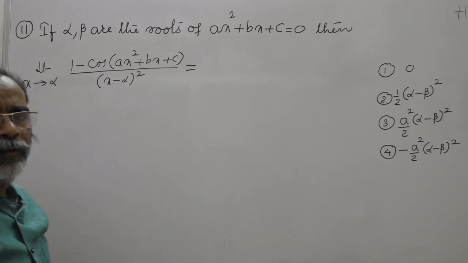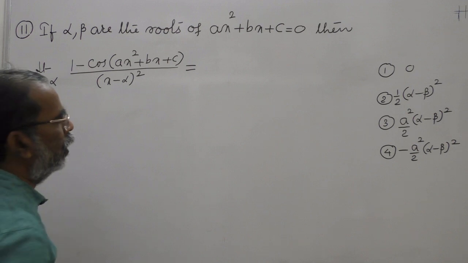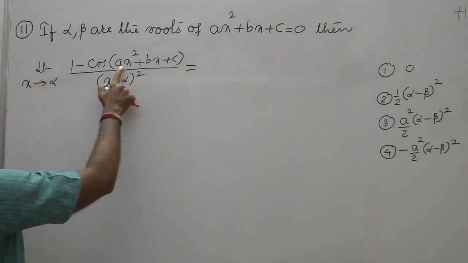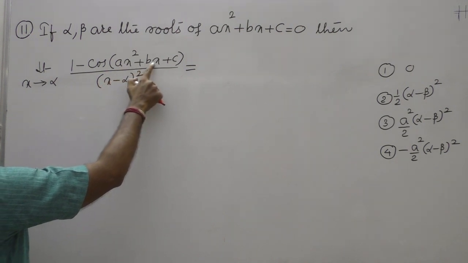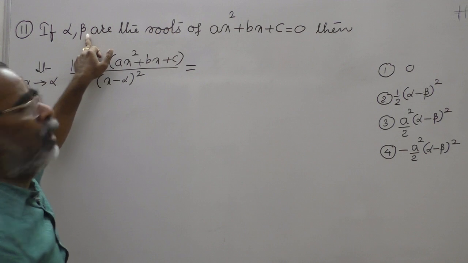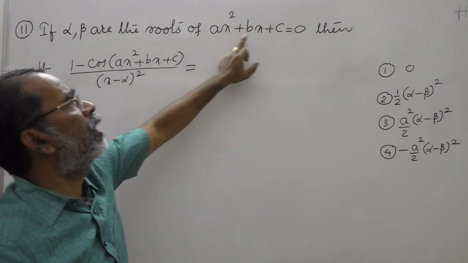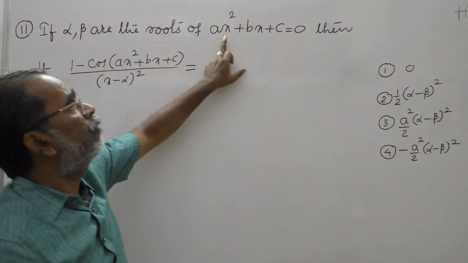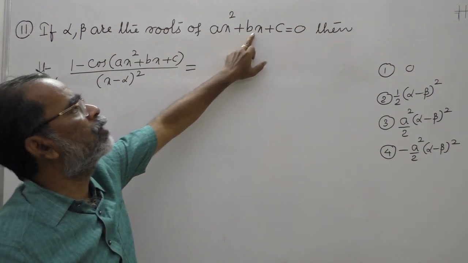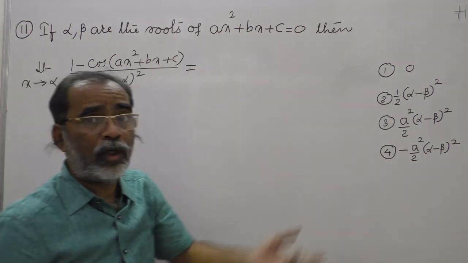I will write the limit first, then we will see what happens. If I write x equal to alpha here, what is this? a alpha square plus b alpha plus c. Alpha, beta are roots. That means both of them satisfy this, no? Alpha is a root, it satisfies. Therefore, a alpha square plus b alpha plus c will be 0.